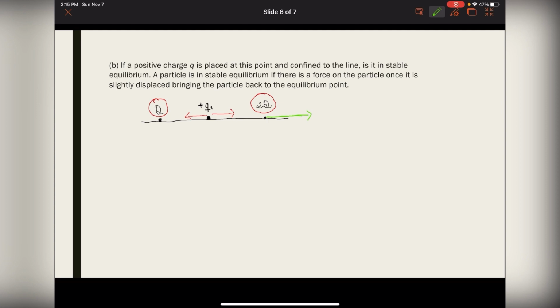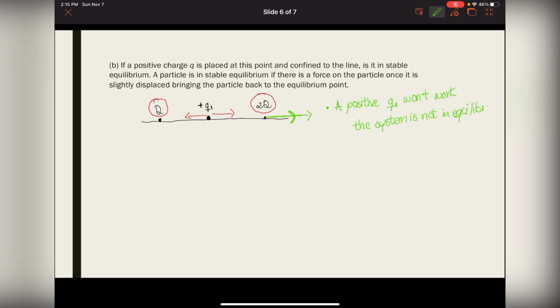And the forces exerted on the 2Q will both push in the same direction, so this will never cancel out. And therefore a positive Q prime charge won't work. The system is not in equilibrium.